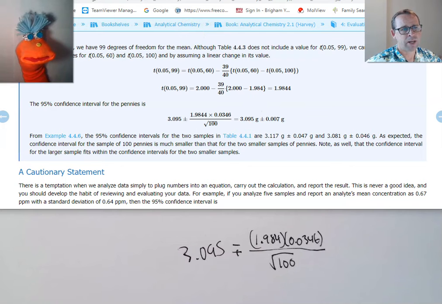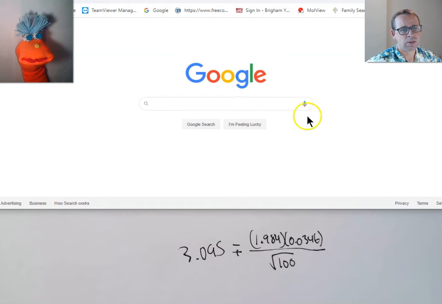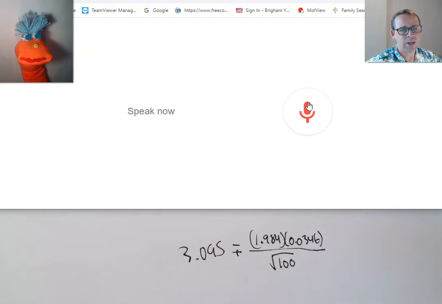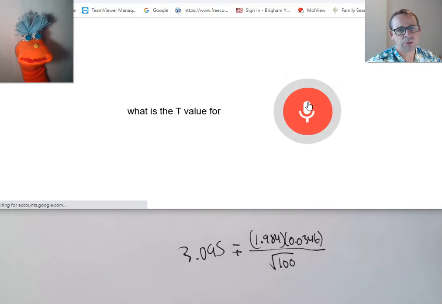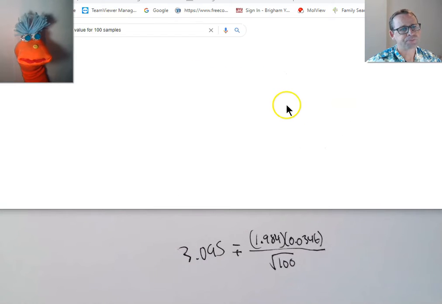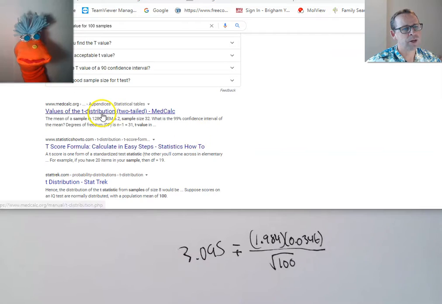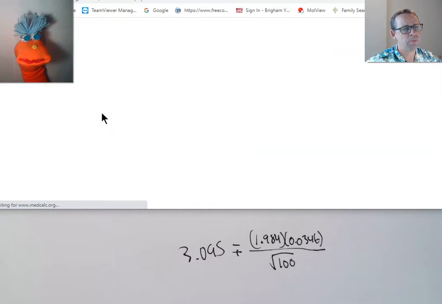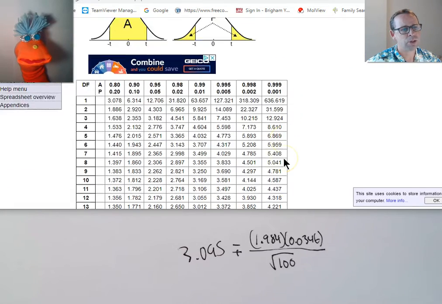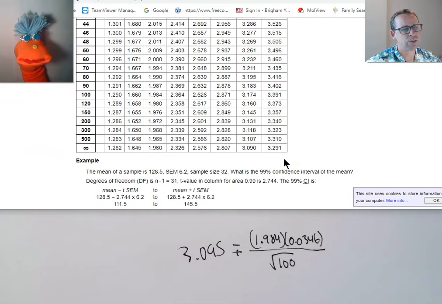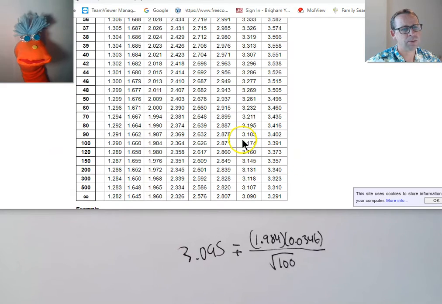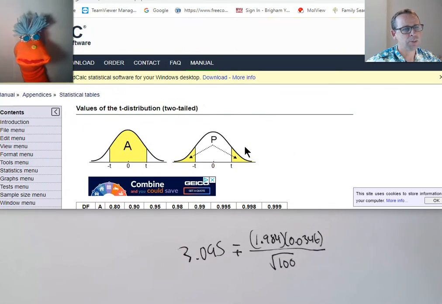Not that it's hard to have access this way, right? What is the t-value for 100 samples? Okay, so values of the t distribution, here we go. We can get to 100 and 90, but they didn't even give us 99. Maybe we have to ask for 99 samples.